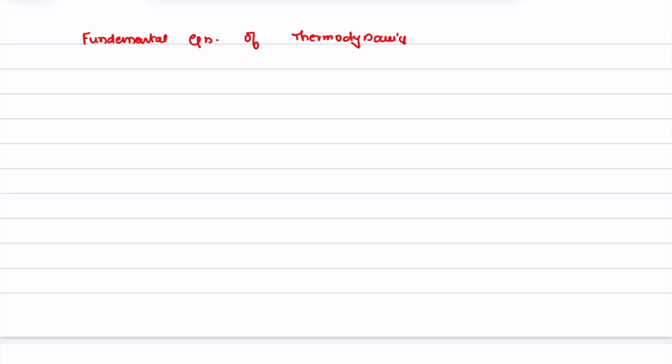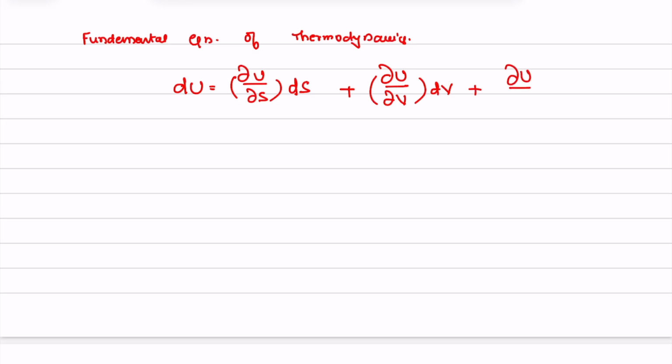It says dU, the exact differentiation of internal energy, is equal to the partial differentiation of internal energy with respect to entropy into dS, plus the partial differentiation of internal energy with respect to volume into dV, plus the partial differentiation of internal energy with respect to number of particles into dN.